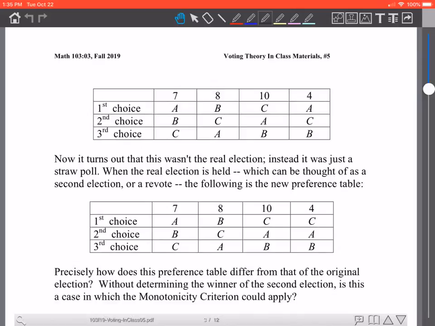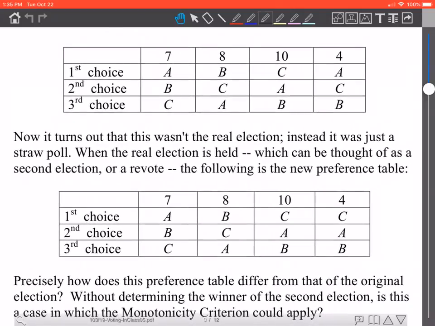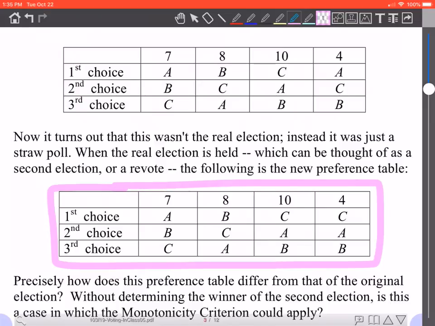Okay, so suppose, for some reason there's a revote, and the following preference table is the new one. So focus on this preference table now. This is the new one. So let's see what happened. How is this preference table in purple different than the preference table right above it? And you might be noticing these 4 people decided to change the way they voted. So initially they voted with A in first, C in second, B in third.